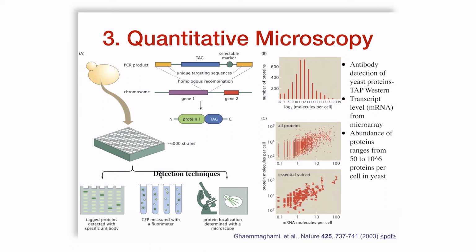The correlation, in fact, has been done by Ghemmaghami et al. in 2003, where all proteins were quantified and their abundance correlated with the abundance of mRNA. So the mRNA molecules per cell seem largely to linearly correlate, and saturate for higher values, with respect to proteins.